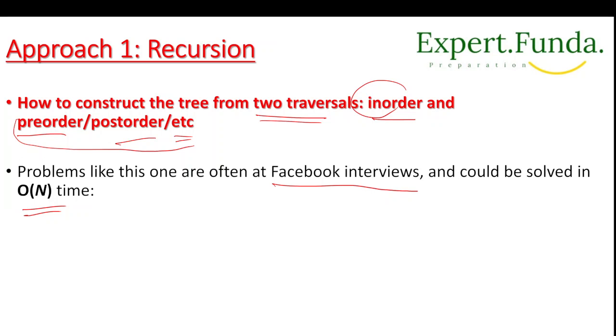So the value picked from the pre-order or post-order traversal splits the in-order traversal into left and right subtrees. The only information one needs from in-order is: if the current subtree is empty, we return null, or otherwise we continue to construct the subtree.